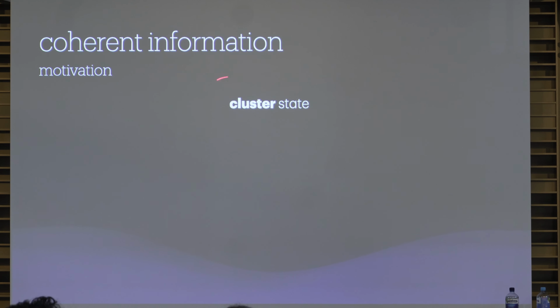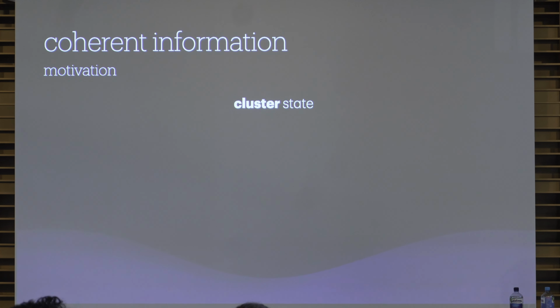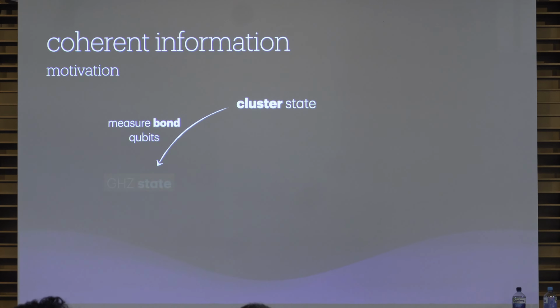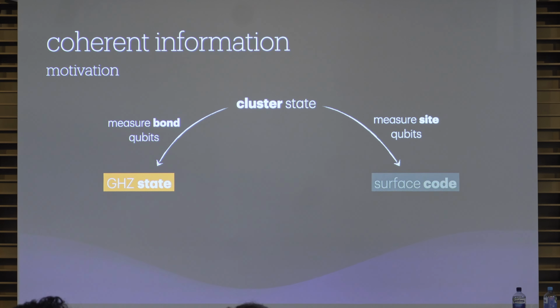So I told you that in our circuit, we essentially use the cluster state as a resource. And then by measuring the bond qubits, we prepare our GHZ state. But we could also go an alternative route, and we could measure the side qubits, and this would prepare a surface code state.